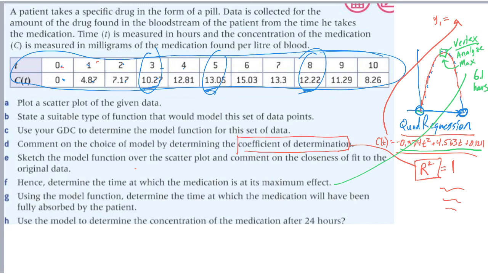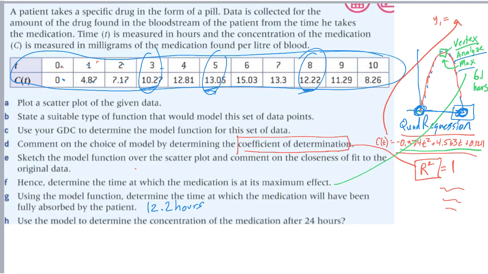You can use the x-intercept. You can put 0 in for y and calculate for that. Or you can get the zeros. You can go into your analyze graph and find the zeros, and you should be able to get both zeros there. This one we already know is basically 0, 0, but you should be able to get this one, which should be about 12.2 hours.